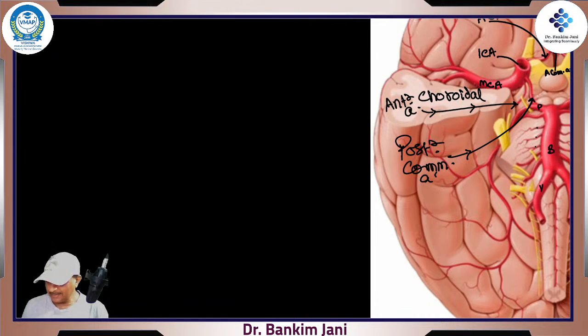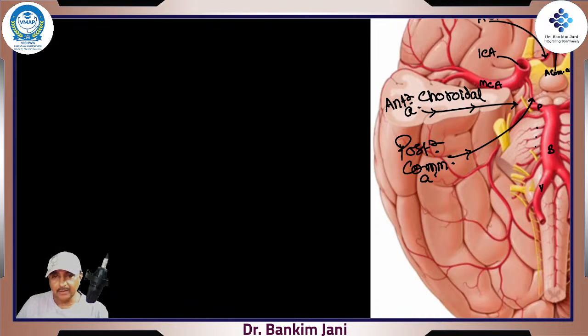This is superior cerebellar, and this one is the inferior cerebellar. In this inferior, there is this one and this one, so that becomes the anterior inferior cerebellar and posterior inferior cerebellar, and this top one would be the superior cerebellar. Okay, so let's move on to the next one.